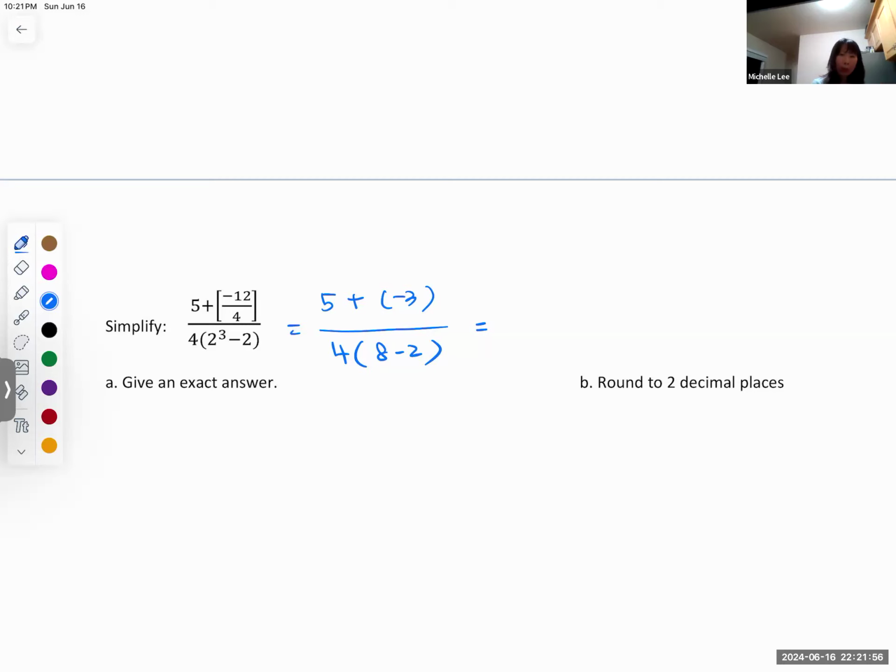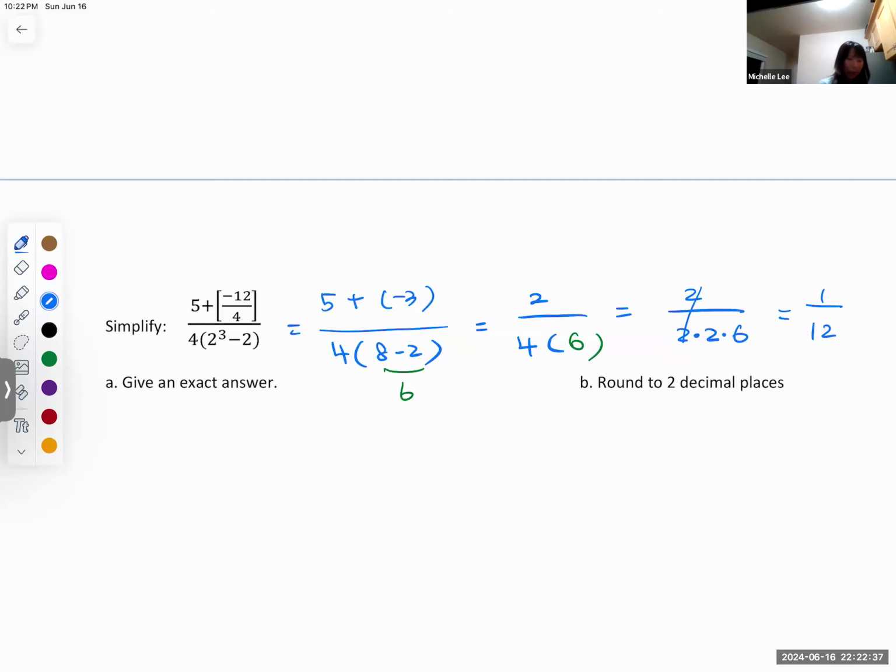So 5 minus 3, which is positive 2, over 4 times 2 for the 4, and then we have a 6. Let's just simplify first: 2 over 2, which is 1. So we will have 1 over 12, right? Okay, please correct me if I make a mistake.